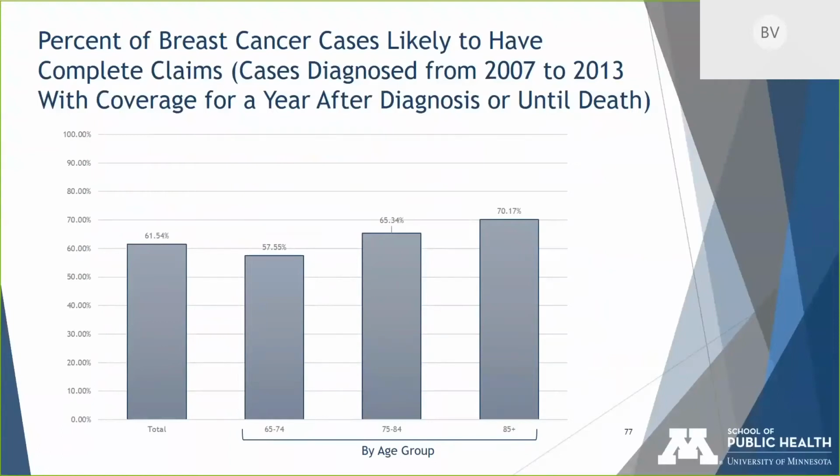We've summarized the percentage of those individuals that meet those requirements, overall and across age groups, so you can see that there's some variability in age when it comes to likelihood of having complete claims, but you get somewhere around 60 to 65% of your starting population once you make that restriction.